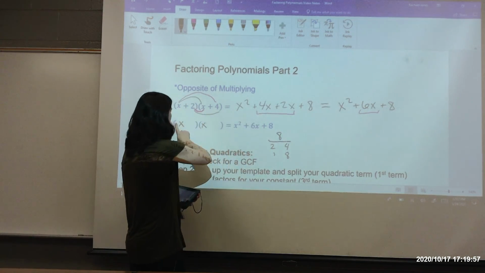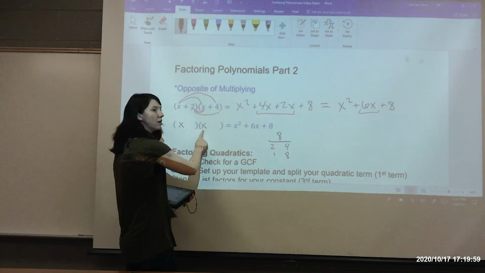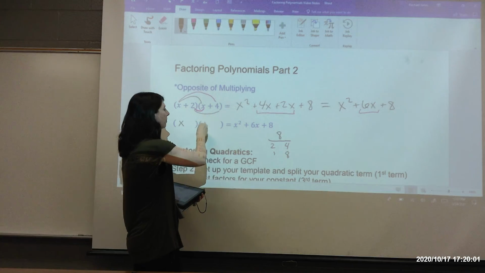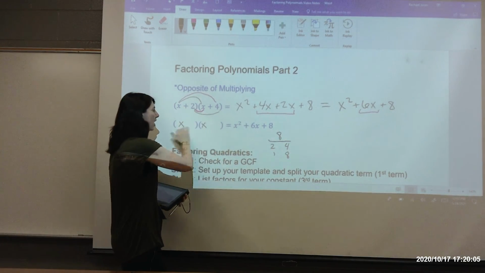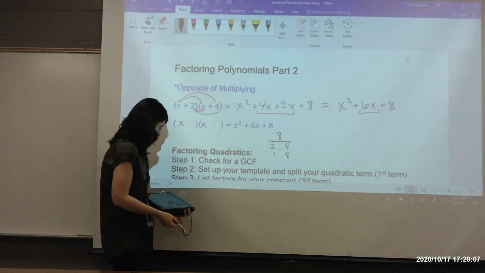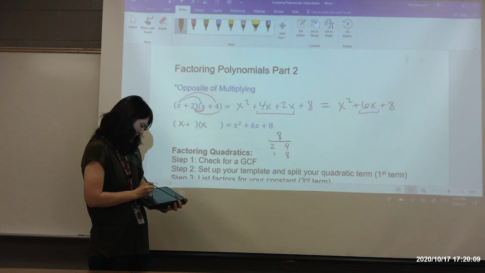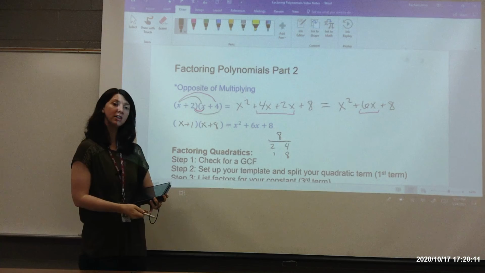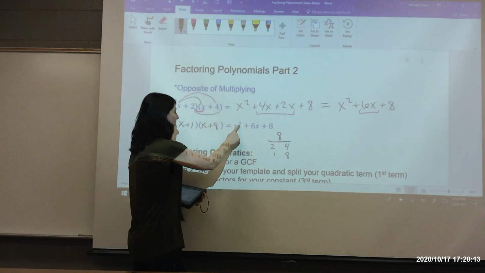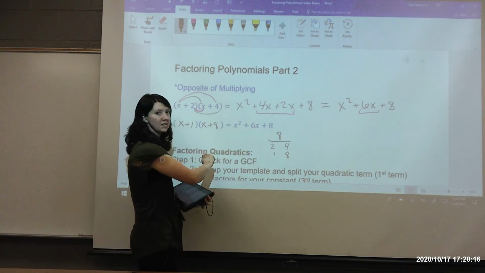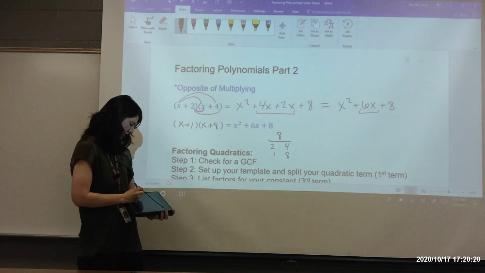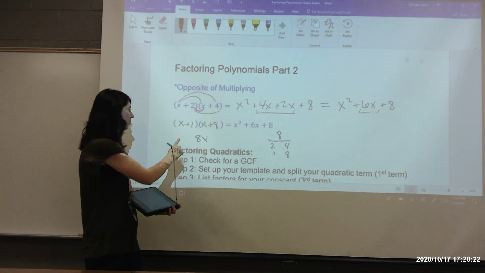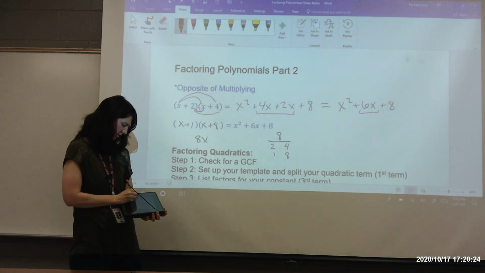We know that when I multiply the outer and the inner pieces, they should combine to get our middle term 6x. So if I had a 1 and an 8 here, I would get, let me write that in. If I tried this, because x times x is x squared, 1 times 8 is 8, but I tried to get my middle term, that'd be x times 8 would give me 8x. 1 times x would give me 1x.